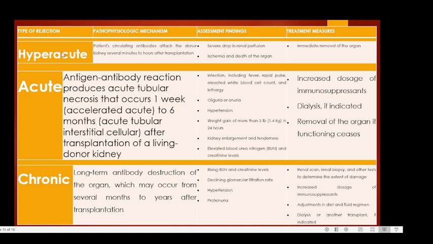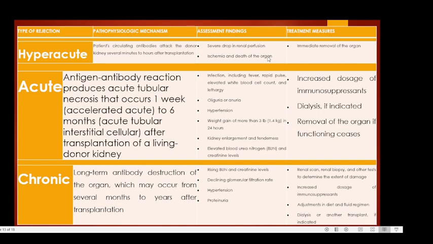In hyperacute, the patient's circulating antibodies attack the donor kidney several minutes to hours after transplantation. What are the assessment findings? There is usually a severe drop in renal perfusion, and we have ischemia and death of the organ.